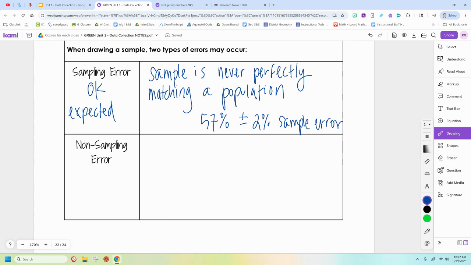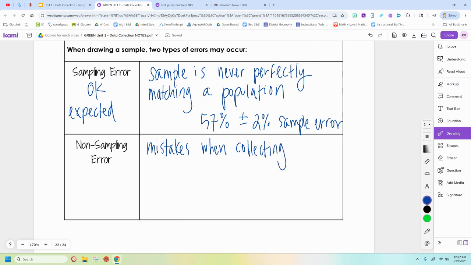Okay. A non-sampling error you guys experienced during that whole entire pumpkin activity we did. I'm going to change that wording. A non-sampling error is mistakes when collecting.